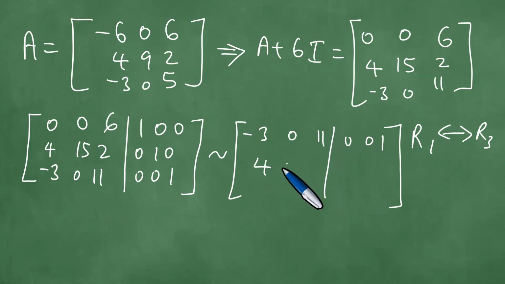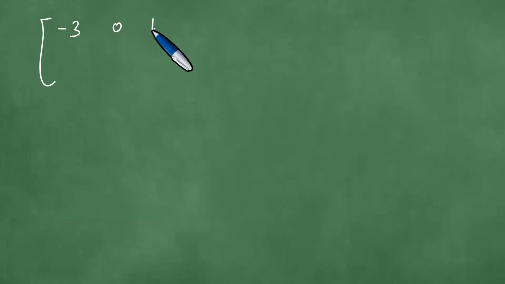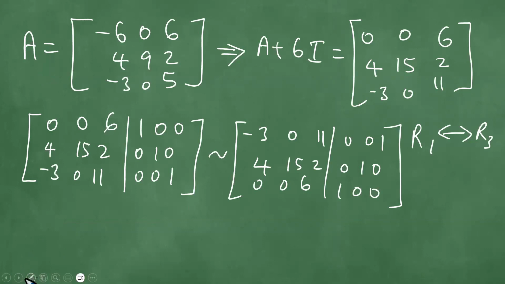The second row is unaltered. And then you have 6, which is minus 3, 0, 11, double 0, 1.